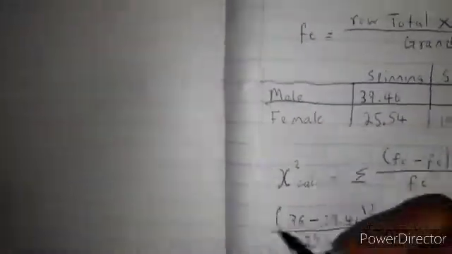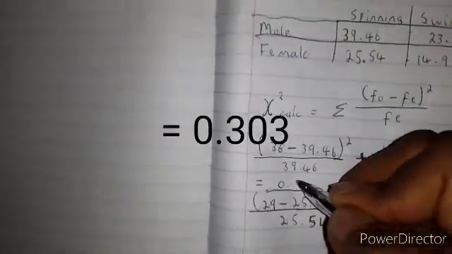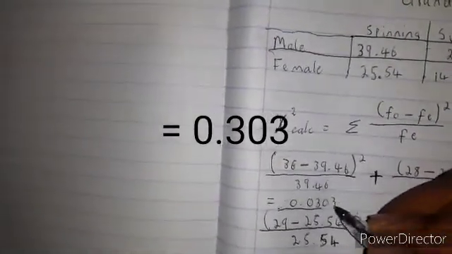We are rounding off to three decimal places: 0,303.